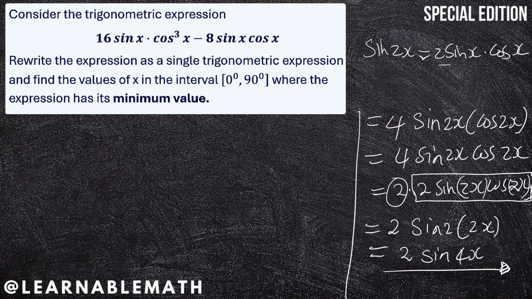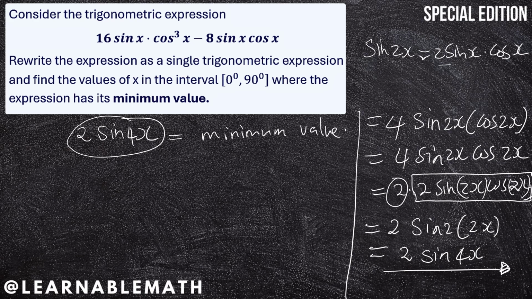Now we are looking at the simplified expression 2 sine 4x, and we are asking ourselves, what are the values of x within the interval 0 to 90 where this expression has its minimum value?